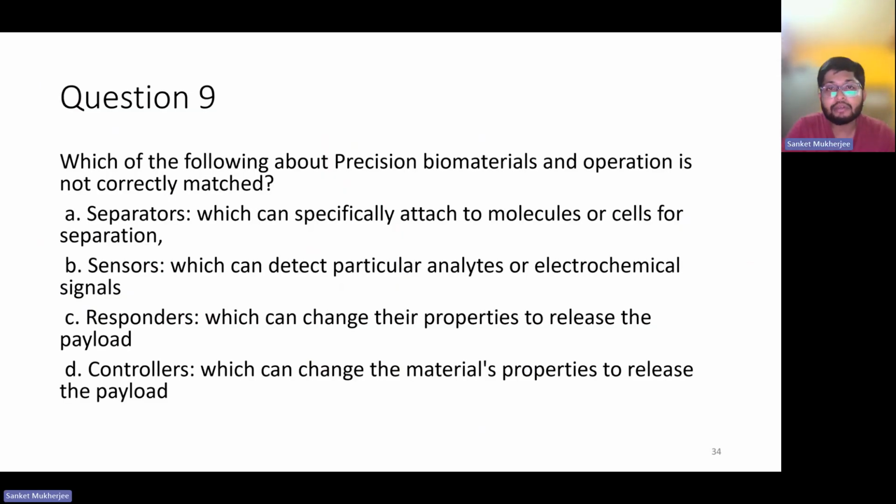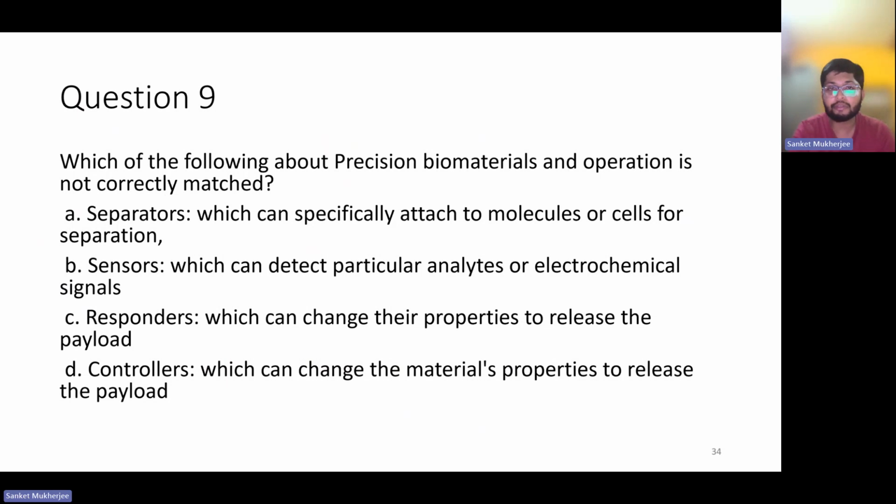Question 9, which of the following about precision biomaterial and operation is not correctly matched? Is it A, separators, which can specifically attach to molecules or cells for separation; sensors, which can detect particular analytes or electrochemical signals; responders, which can change their properties to release the payload; controllers, which can change the material's property to release the payload?